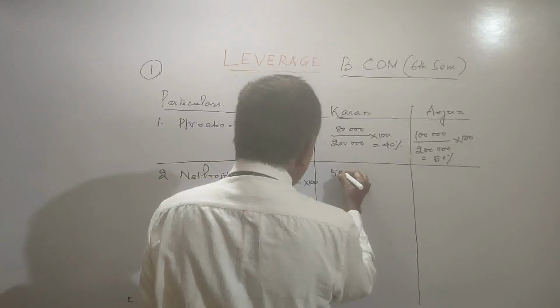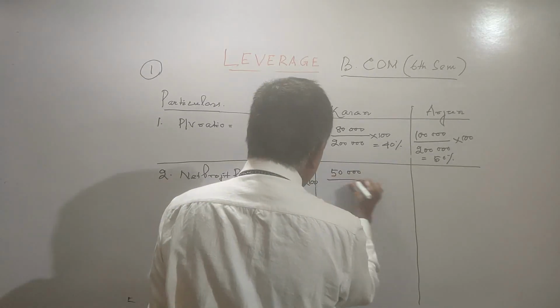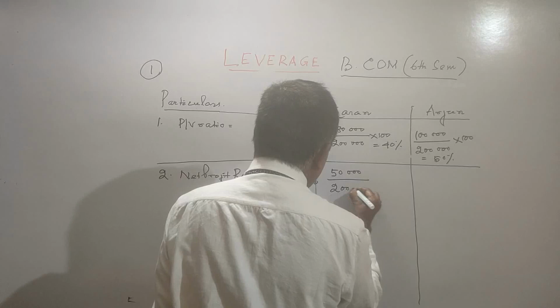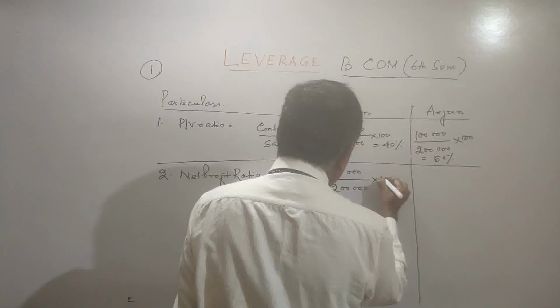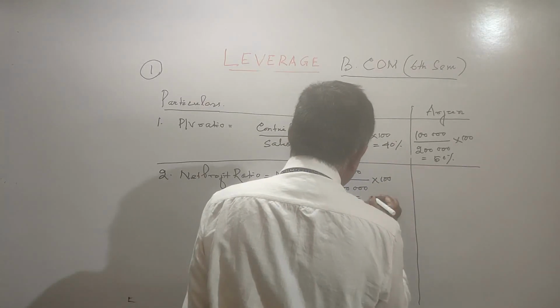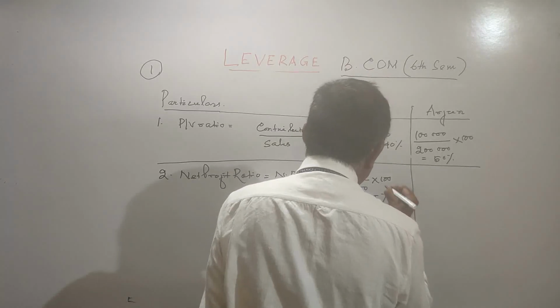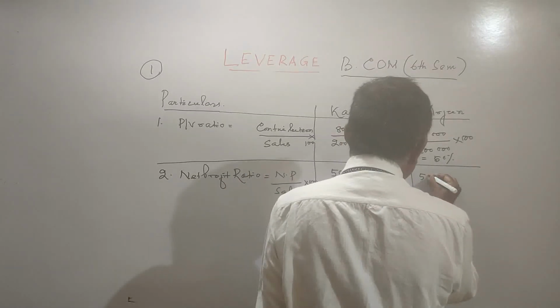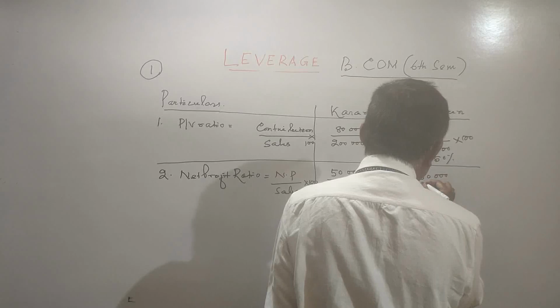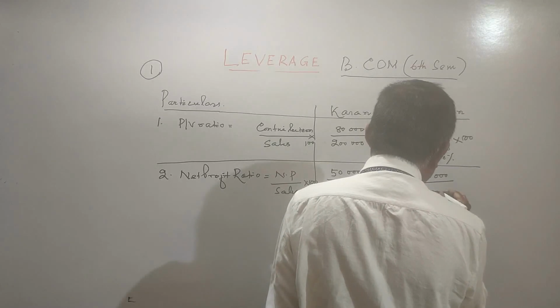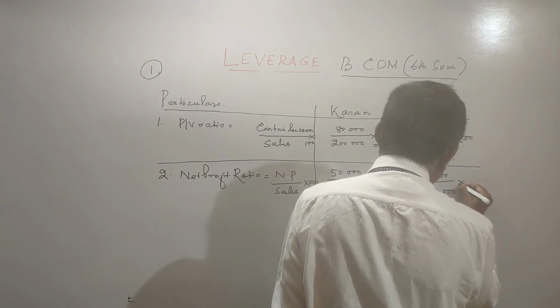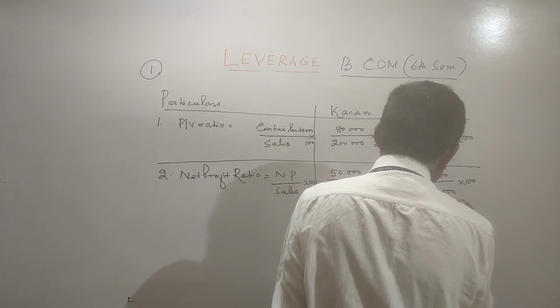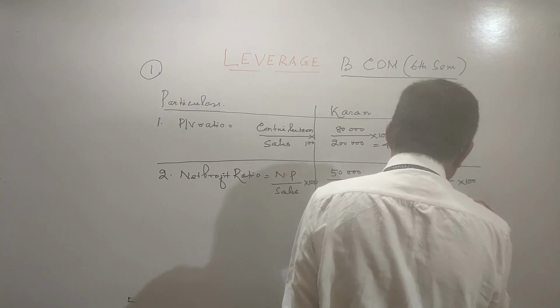In both the firms, the net profit is same, 50,000 by 2 lakhs into 100. This is 25%. Here also 50,000 divided by 2 lakhs into 100. This is also 25%.